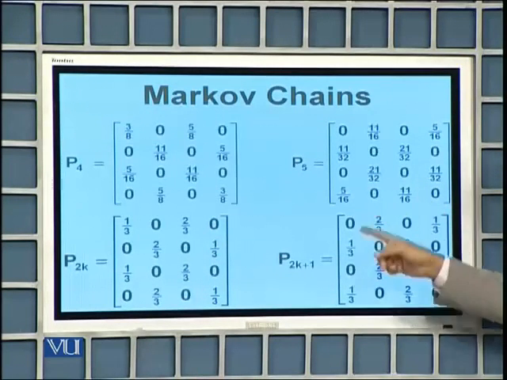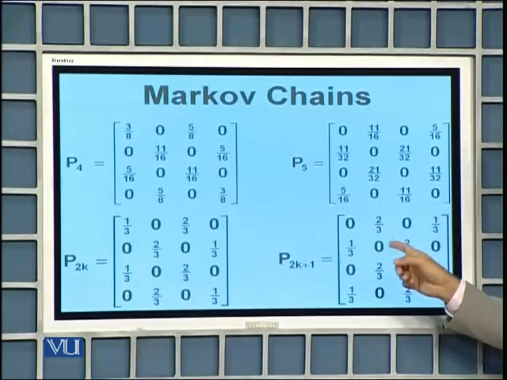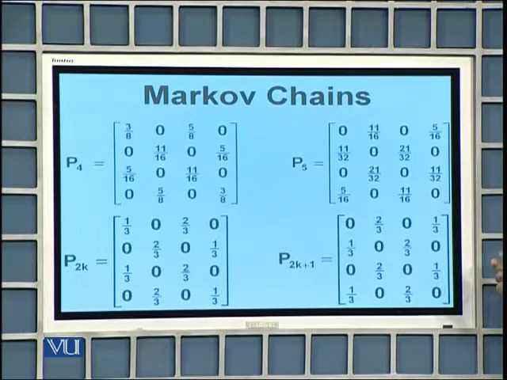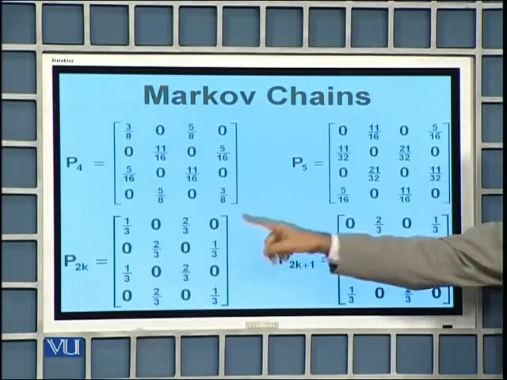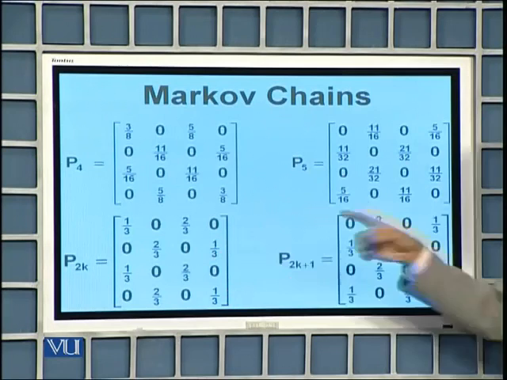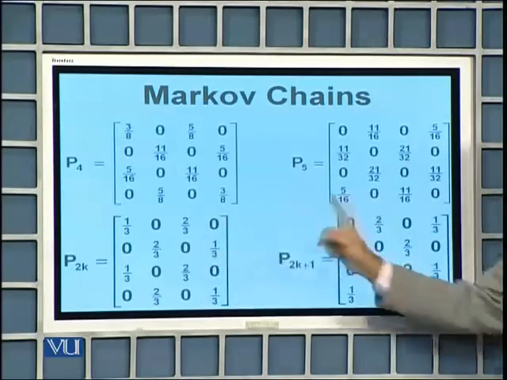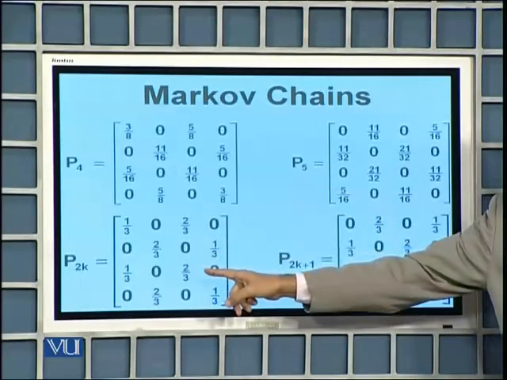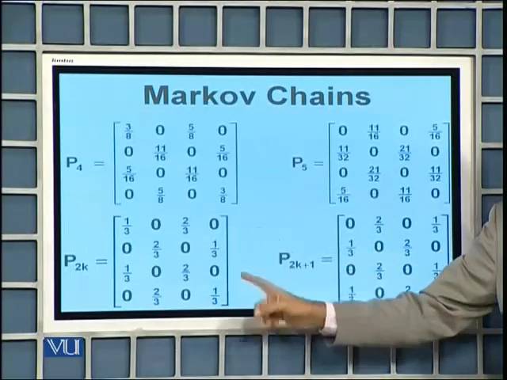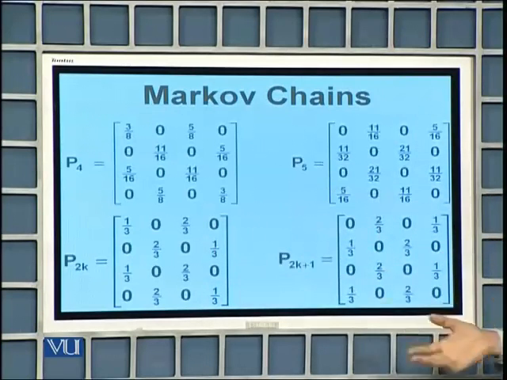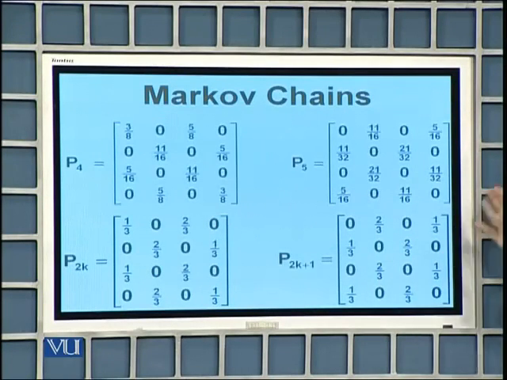And if you multiply this, P to the 2k plus 1, again with the 1-step matrix, you get back this. So asymptotically, you switch between these two matrices depending upon the power. If the power is even, you get this. If the power is odd, you get this. So there are always going to be zero-valued transition probabilities in the n-step transition probability matrix.